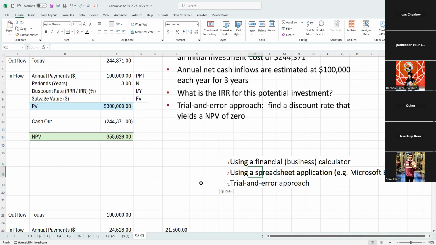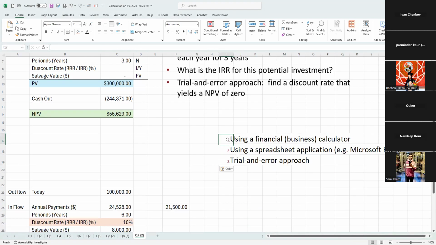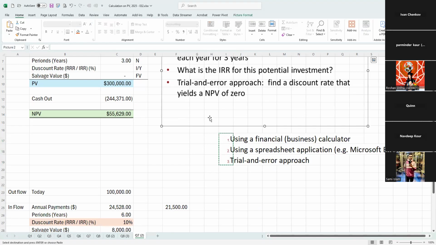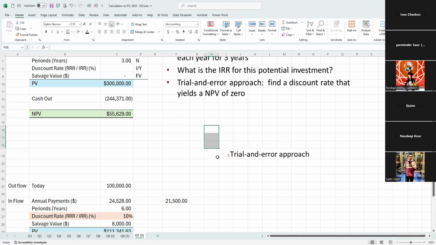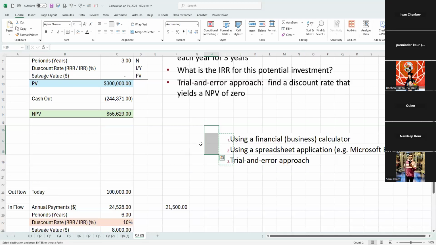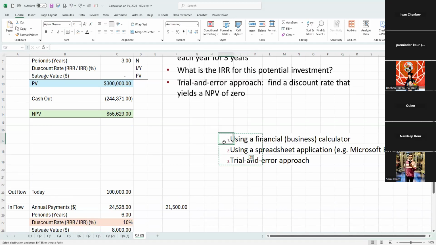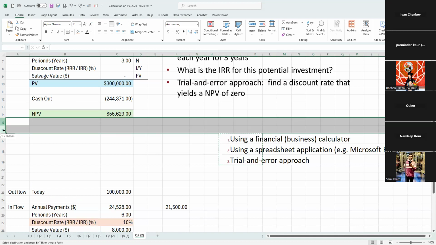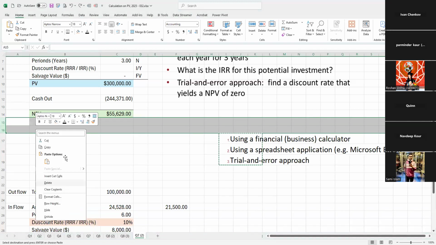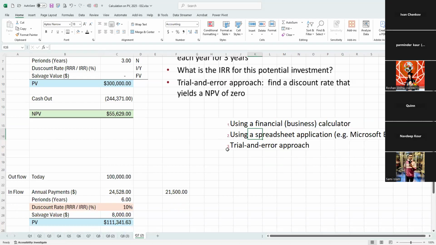So we can use the financial calculator, option 1, or we can use the other options. I'm trying to copy those and paste them somewhere else so we can see, but it doesn't work. Okay, I'll leave it the way it is. Those are the 3 methods.